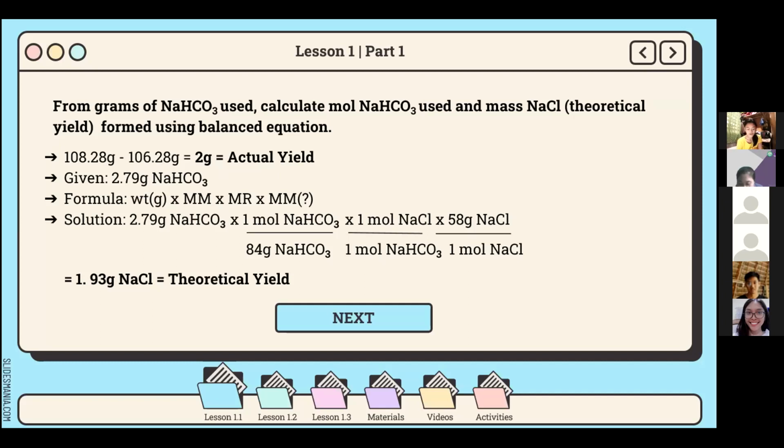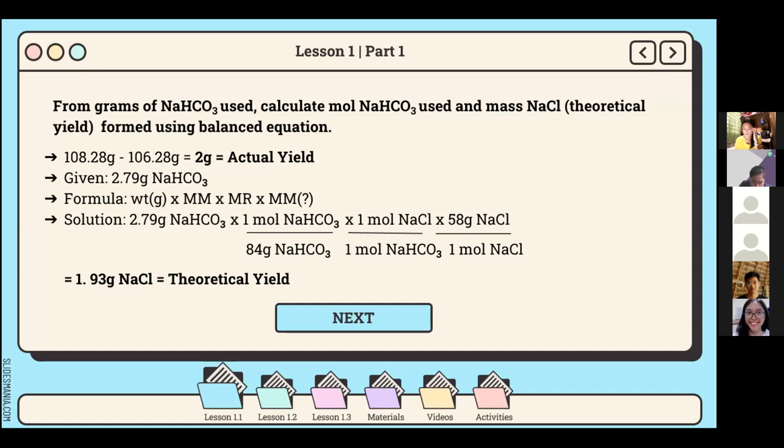So 108.28 grams minus the mass of an empty beaker, which is 106.28 from our data above. The answer is 2 grams.